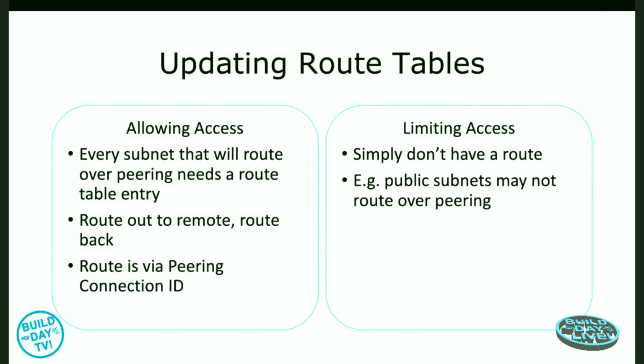We don't actually have to put those routes on all of our subnets. So we might have some subnets that we don't want accessible across this peering connection. This is most often the case when you peer with somebody who is not in the same organization as you. You may have a small amount of resources in your VPC that should be accessible to a partner organization.